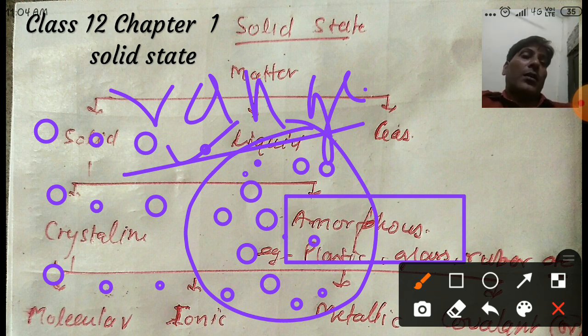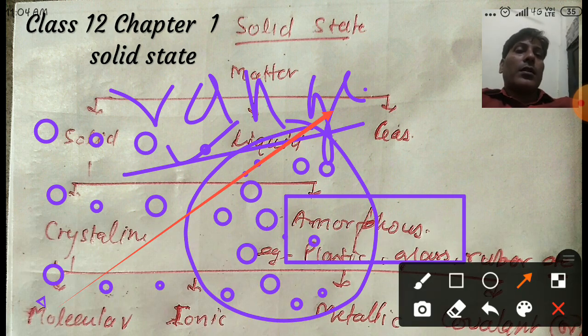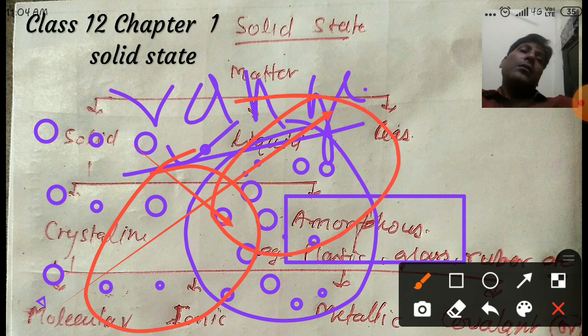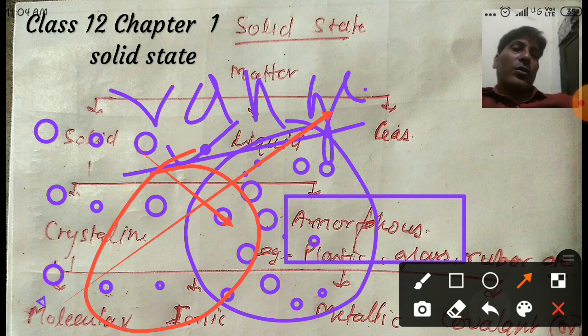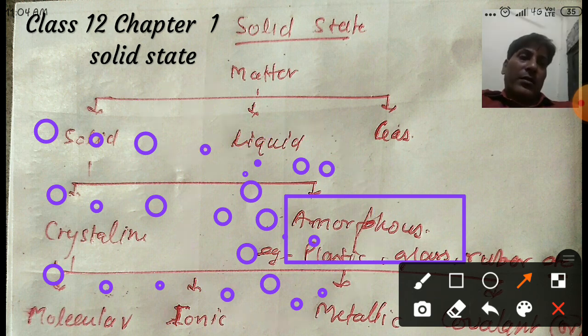And if we cut it with sharp tools, then we find that here is a plane, here is a plane, but here is a rough surface. Means if we cut it with sharp tools, we find a rough surface. So this is the other type of solid.